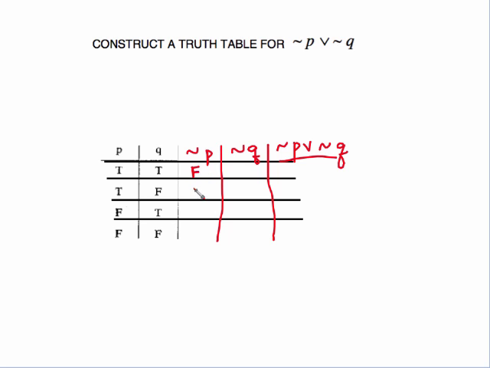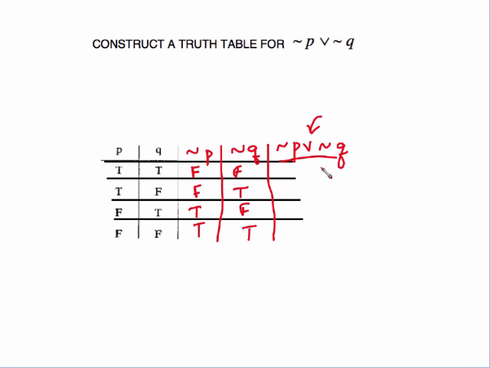So it becomes false, false, true, true. Not Q tells me to take all of these and flip-flop them. False, true, false, true. And now put these two columns together using the connector OR.